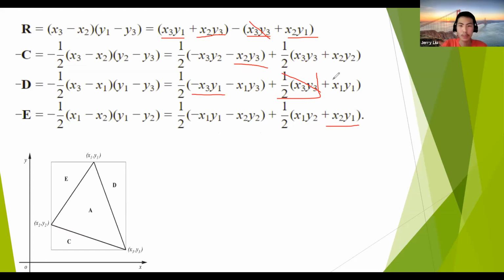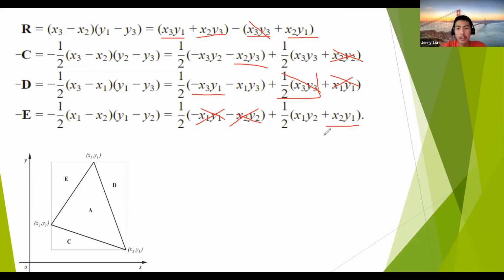For all the terms that are just the two coordinates of the same vertex being multiplied together, they all cancel out. So for x2 y2, they cancel out here and here. x1 y1 cancels out here and here. So what you have left is just the groupings of 1/2 of each of these 6.